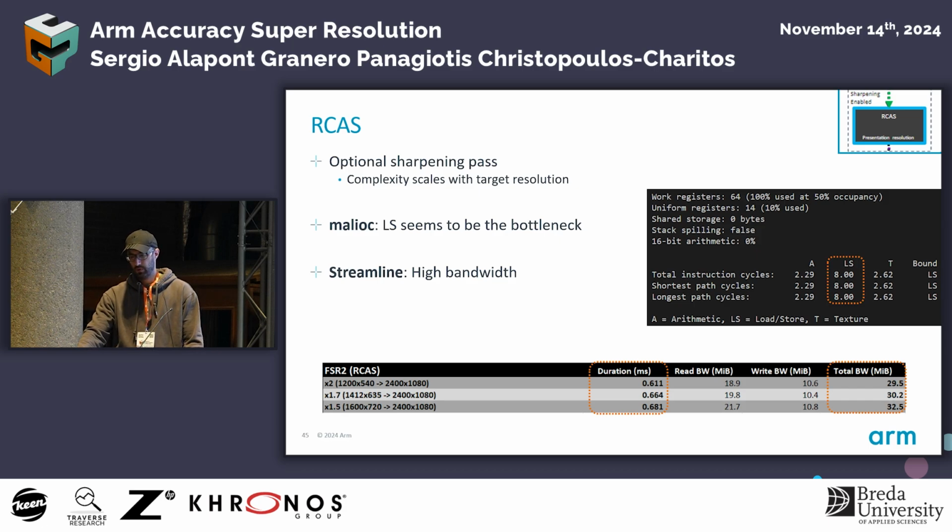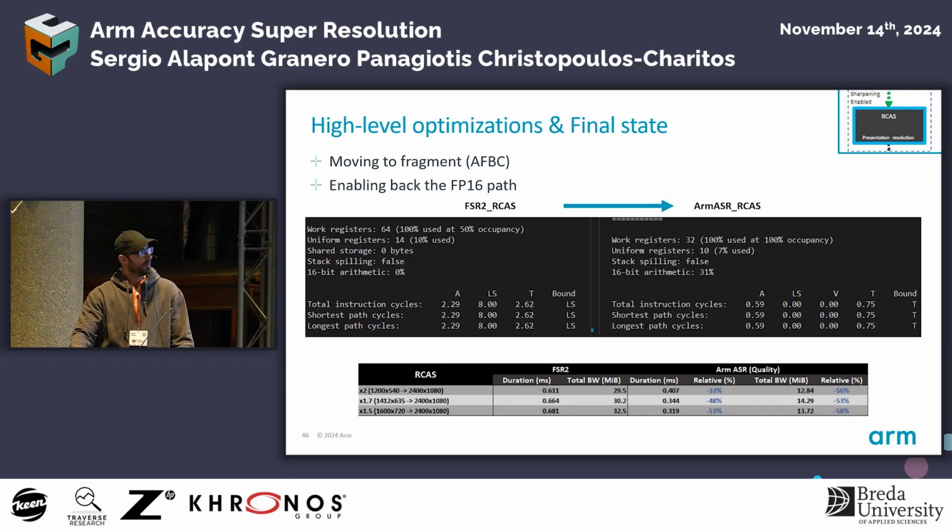RCAS is the optional sharpening pass of FSR2. Looking at the Mali offline compiler, again, we see high load store. And by looking at Streamline, the duration and bandwidth are also a bit on the high side, for a sharpening pass at least. But I will not bore you with details.